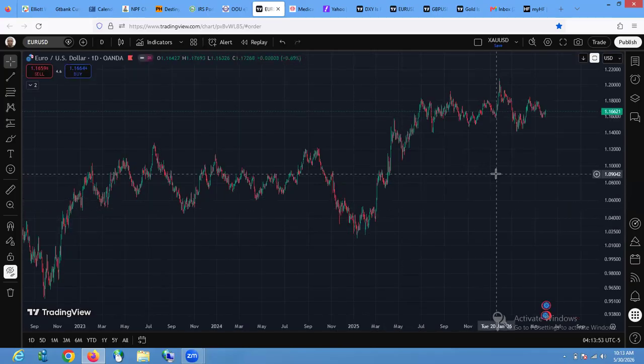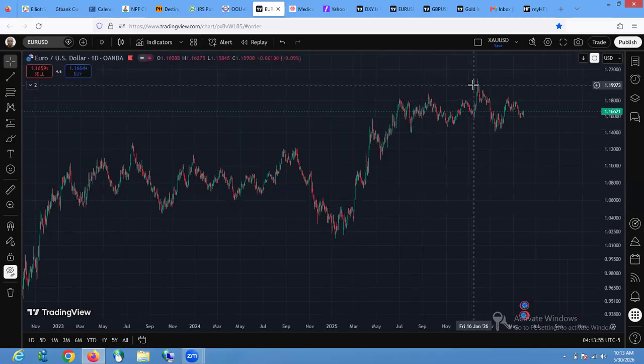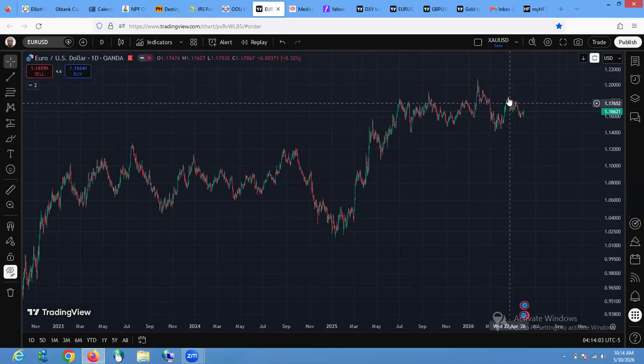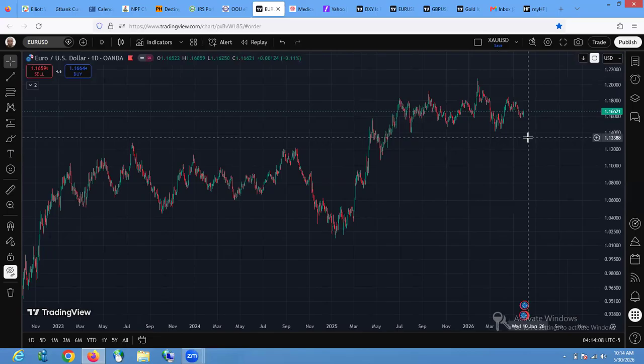Now, we got here and we saw rejection to the downside, and it looks like, oh, 1, 2, 3, 4, 5, that this will be going down, and this is a B wave and more to the downside. What I'm trying to say is that it doesn't look like that. There's a 60% chance that we're going to break this top now.